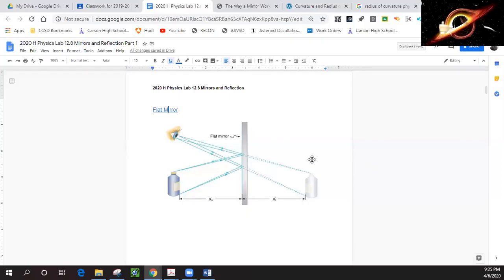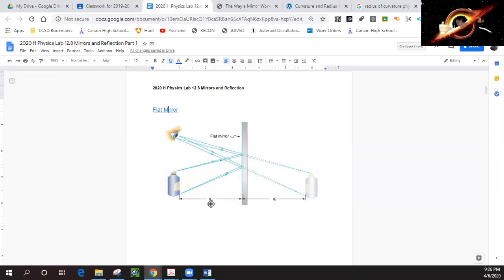On this flat mirror, sometimes we have an object that's right here, and the rays are coming in, bouncing, and they hit our eyes. Even though the object is here, it appears that virtually the image is right here. If there were another dimension, we could reach in and touch what is right here. So that's a flat mirror. This will be the virtual image, and this DI is called distance of the image.